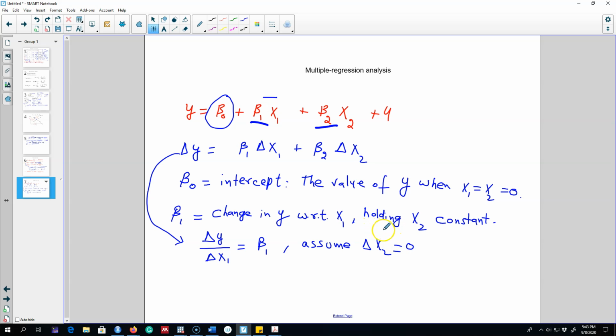That is what this holding x2 means. Similarly, what is the impact of a change in x2 on y? It is beta 2 holding x1 constant. That is, we assume that x1 is not changing.